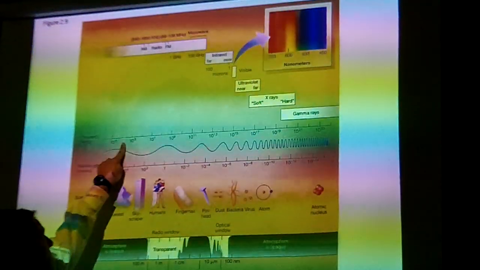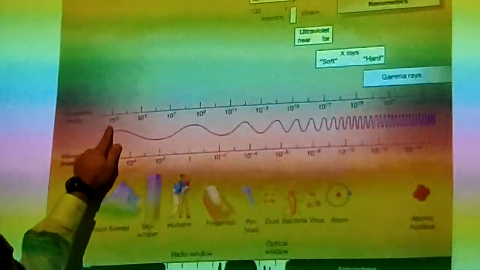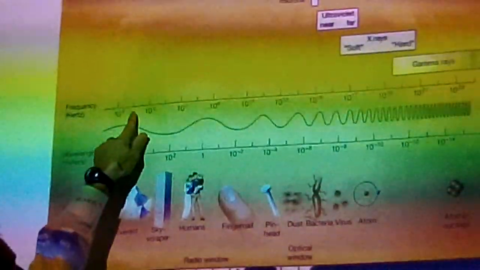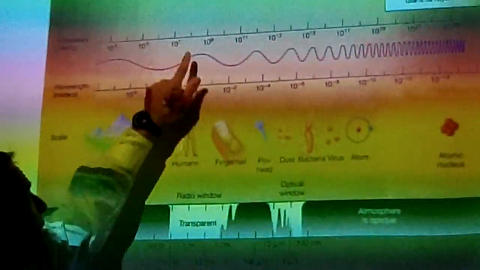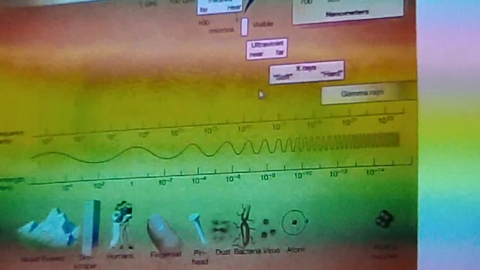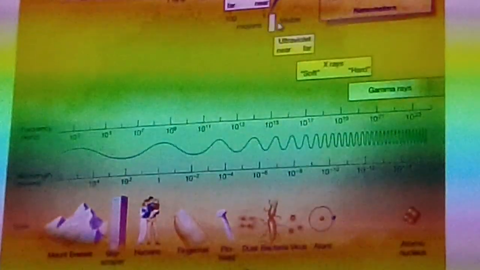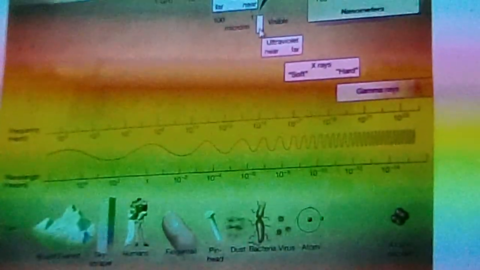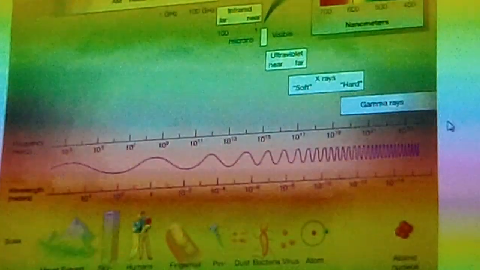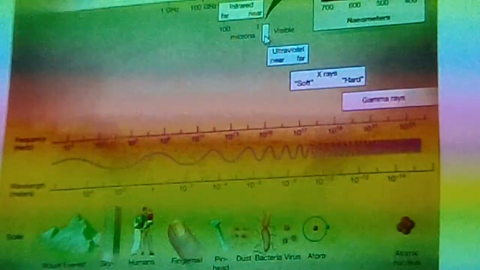Notice every step up on the scale in frequency is a 10 times step up. So 10 times greater, 10 times greater, 10 times greater. And notice this about the spectrum. Visible light is just this little small area of this entire spectrum. We can only see a little bit of the spectrum.